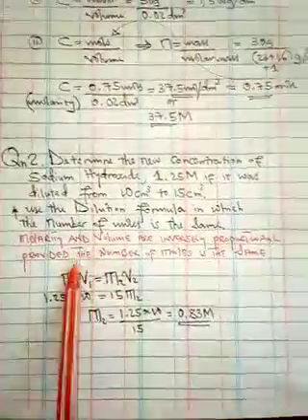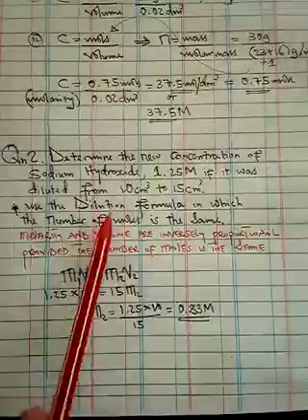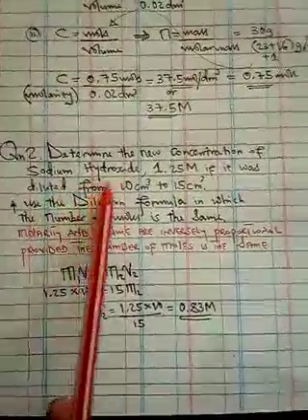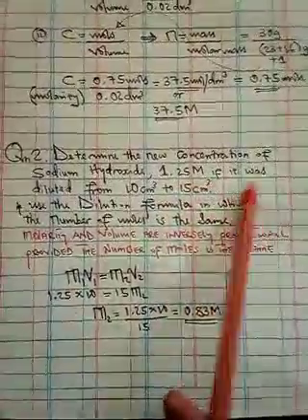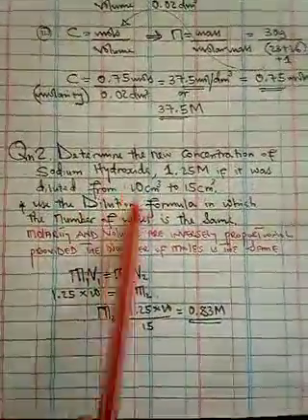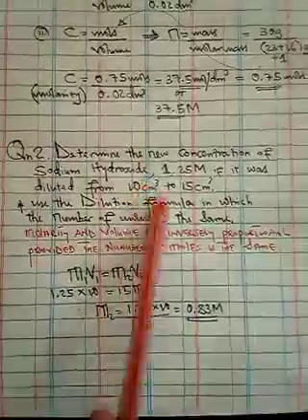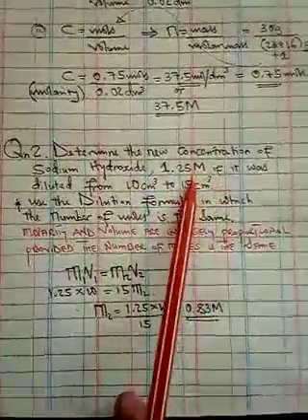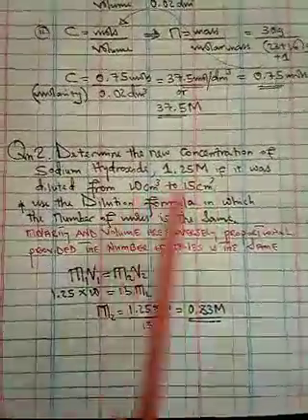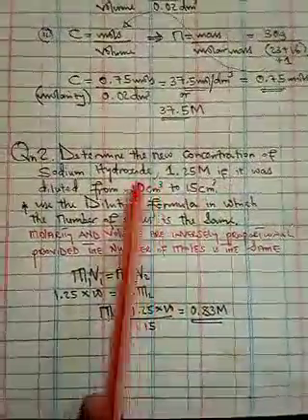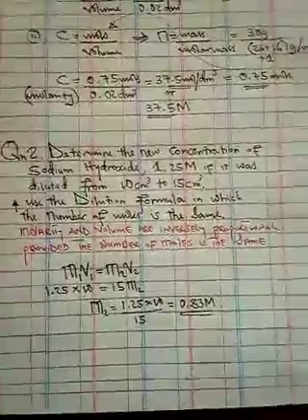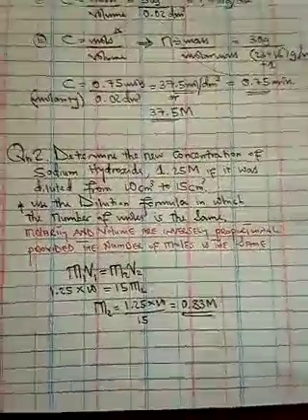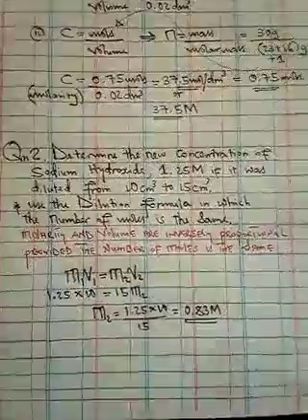Our initial molarity or initial concentration is going to be 1.25. We're having two volume values here, which means that your 10 centimeters cubed is your initial volume, and your 15 centimeters cubed is going to be your final volume.